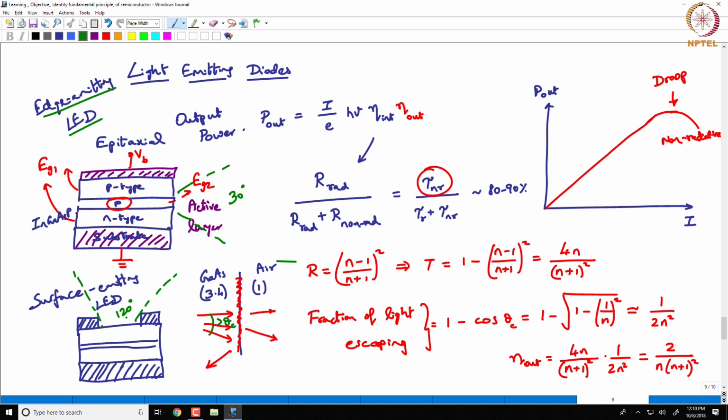When I mean quality of the light, I should talk about what happens in an edge emitting LED. If you make your active region in the order of a micron, what can you say about the spatial coherence of the light that comes out? It is a very small aperture, comparable to the wavelength of light. So, the spatial coherence of the light that comes out can be quite high.